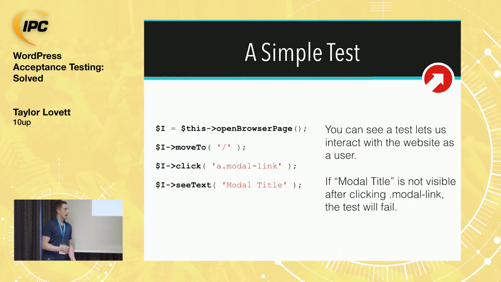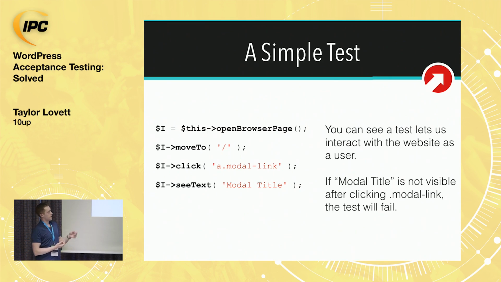So here's a simple test. First thing we're doing, we have this I variable, and it opens a browser page. So you can pretend I is like a user. Then I calls this moveTo method, and it moves to the root of your web application.